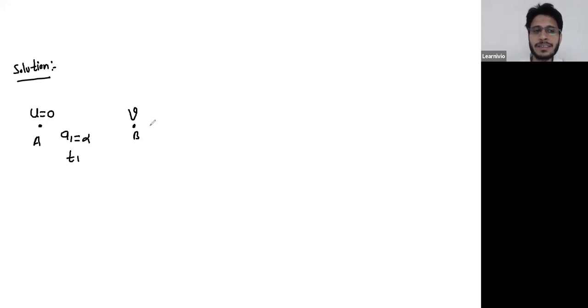And what happened next? It decelerates. Deceleration means the acceleration is negative, so it should be minus beta. The time taken is t2.